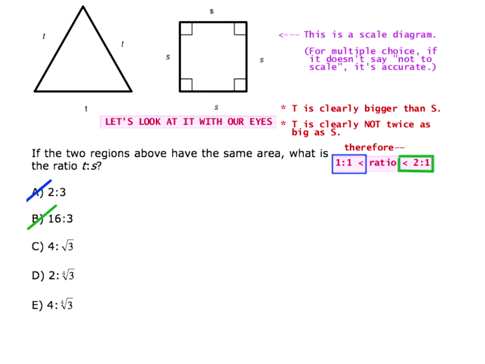How big is the square root of 3? It's about 1.7. Even if you don't know that, you know it's less than 2, because 2 is the square root of 4. So this is about 4 to 1.7. Oops, that's more than 2 to 1, because 2 to 1 would be 4 to 2. Oops, not it.